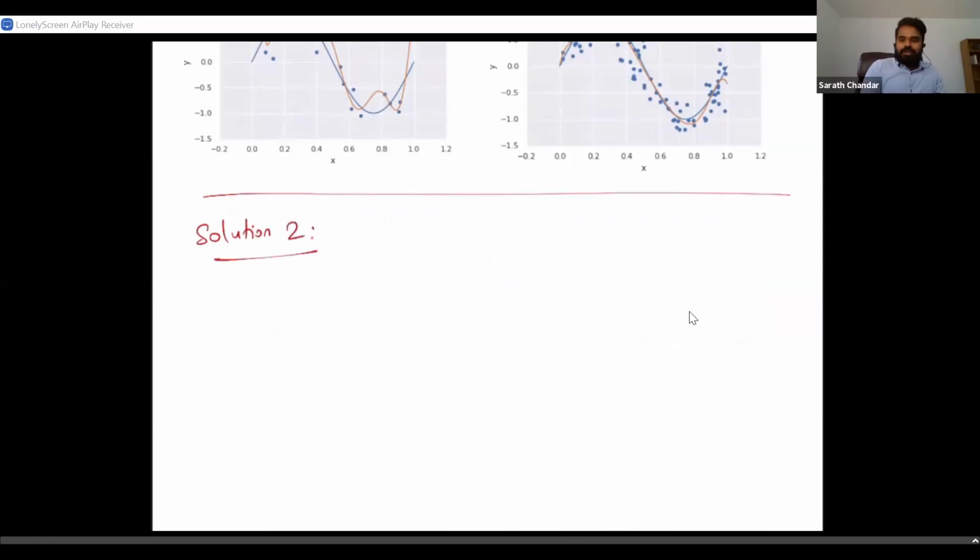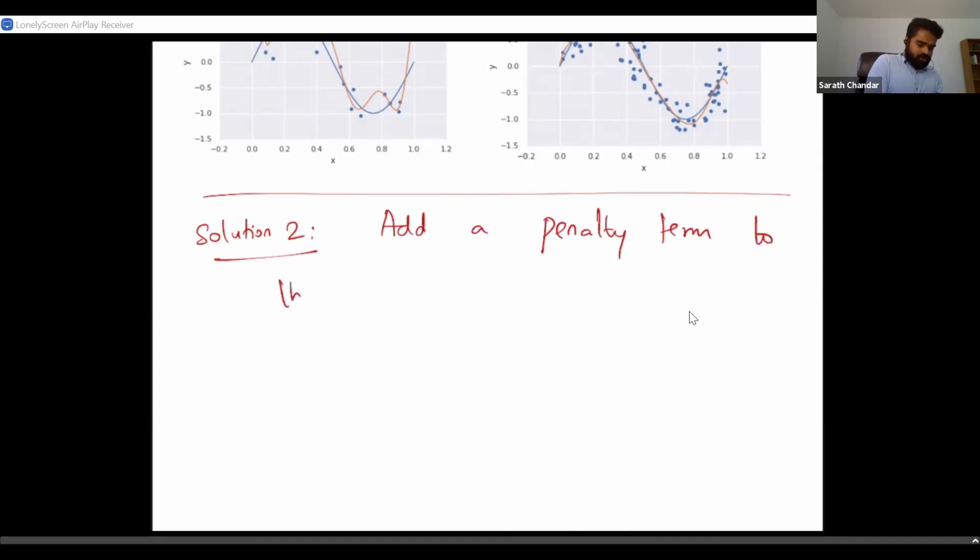The second solution is based on the observation that when you have more parameters and fewer examples, your parameters are blowing up so that the model is heavily tuned for these examples. So if we can somehow reduce this blowing up of parameter weights, then we could control overfitting.